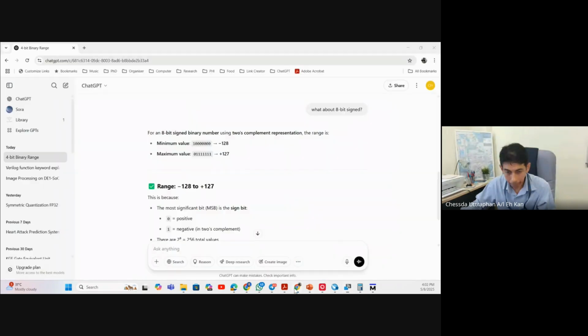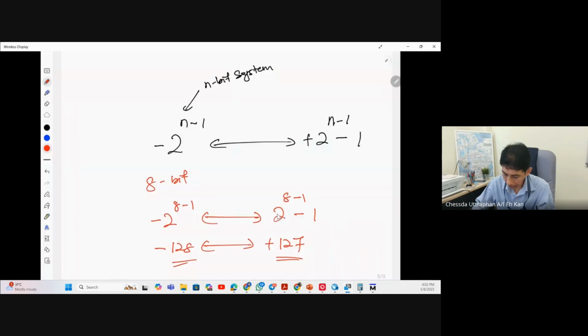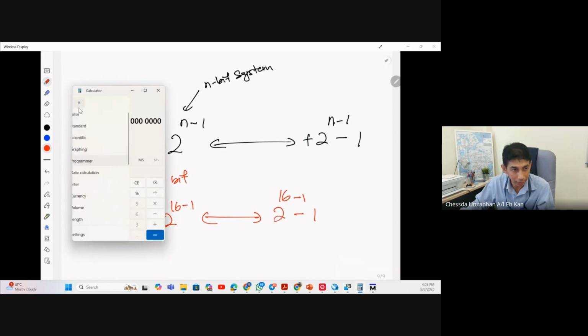What if your system is 16-bit, for example? Now let's see. If 16-bit, so you have 16 here. So 16 minus 1 is 15. So 2 power of 15. Of course, now I need to use a calculator.